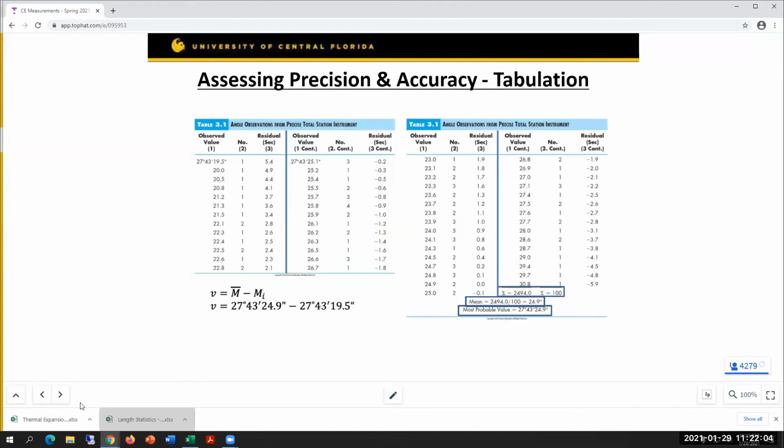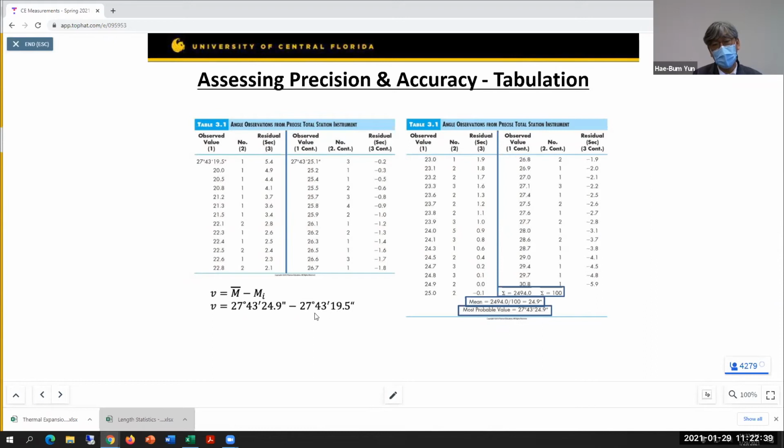Why are we using that observation and not any of the other ones? Like why that 27 43 19.5 instead of 22.1? Oh, why do we only have the residual of this observation? This is one example, but we can actually calculate the residual for all observations.